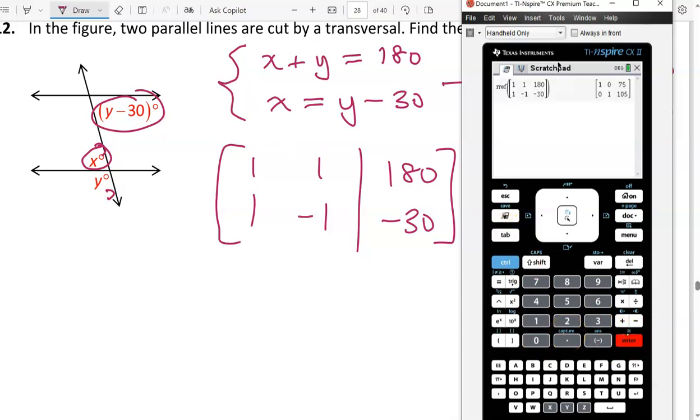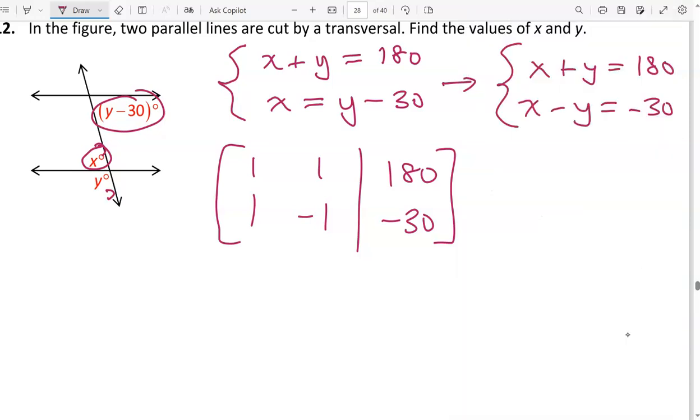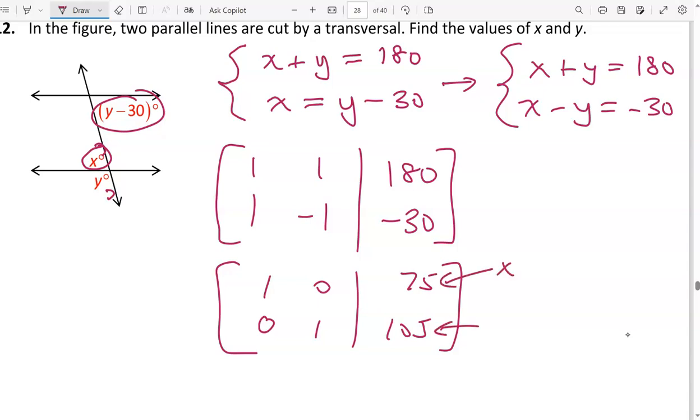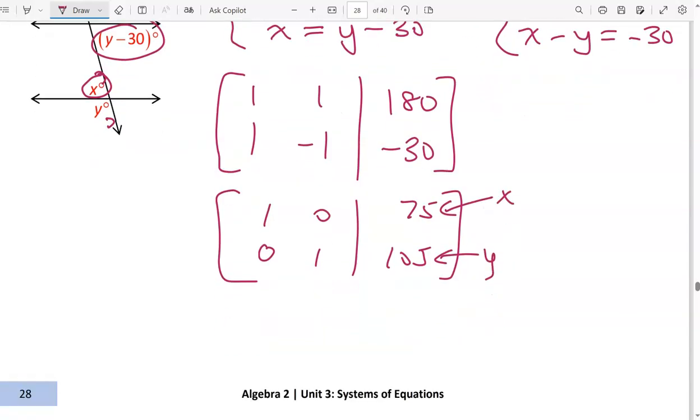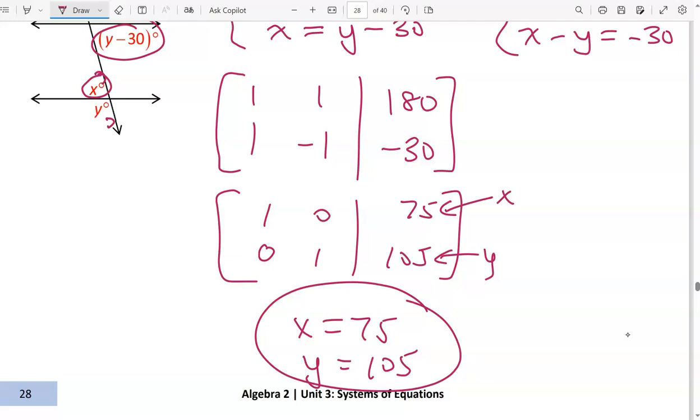Press enter here and we get 75 and 105. And that's the value of x, that's our value of y. So I'm just going to write that. X is 75, y is 105, and we are done with that one.